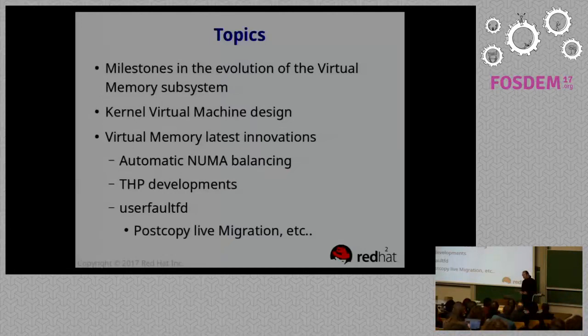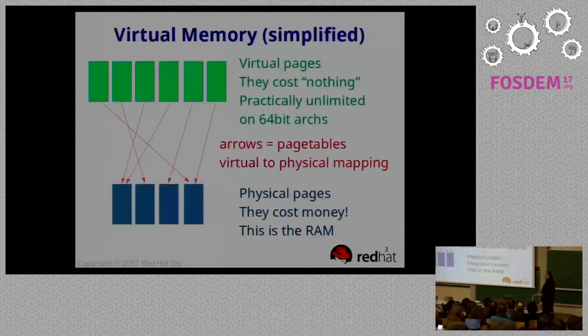We'll also see some of the latest virtual memory innovations, like automatic NUMA balancing, THP developments, and recently userfaultfd, which are Linux kernel features that can be used regardless of virtualization, but especially help when you are using Linux as a hypervisor with KVM.